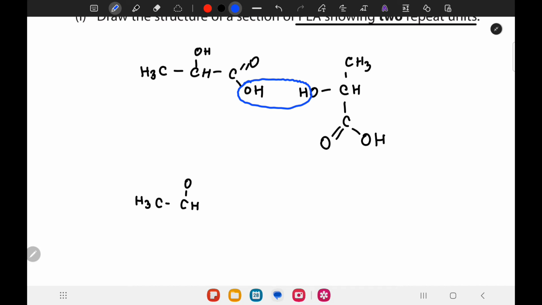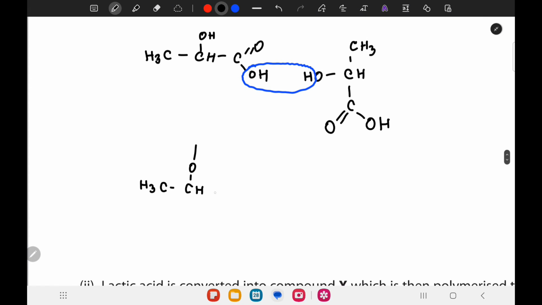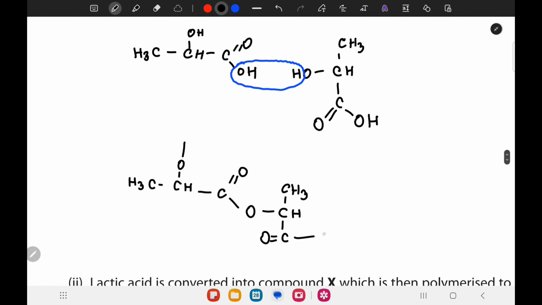Now similarly, like the alcohol for this lactic acid, the alcohol from this lactic acid will also lose a hydrogen and form a bond with another lactic acid's carboxylic acid part, and then we have C double bond O, and on this side we have O CH CH3 C double bond O, and this OH will be lost to another alcohol group to form water.